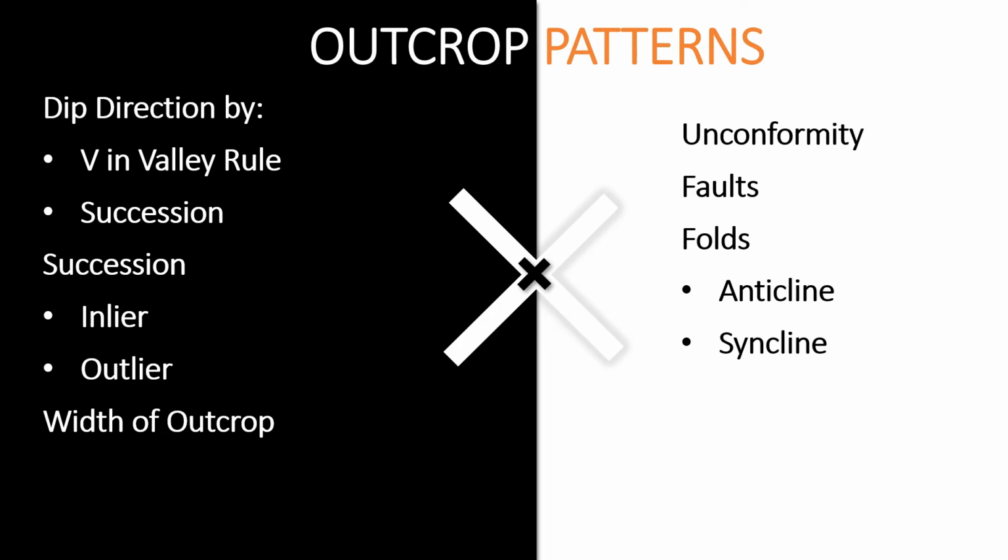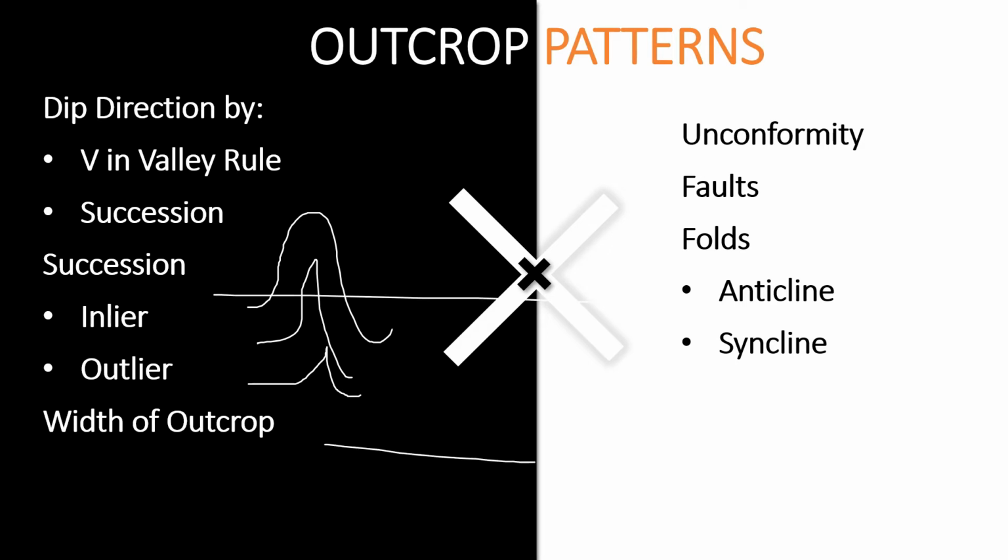This happens when folded layers of rocks get eroded. When those folded layers get eroded, let's say it gets eroded and looks like that, and when it experiences deposition, these older layers will get covered by the younger layers. So that is what we call unconformity.